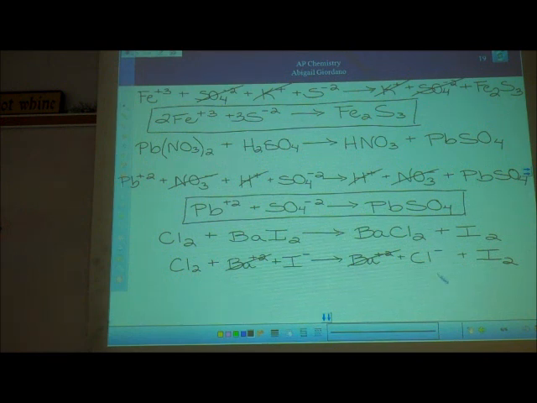So I've crossed out everything I can. Here's what I'm left with. Is it balanced? No. But now it's nice and simple to balance. Final answer.